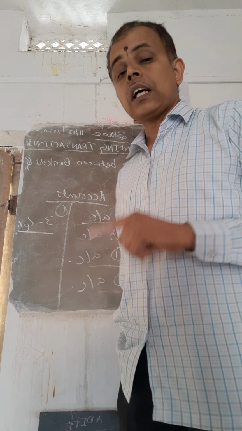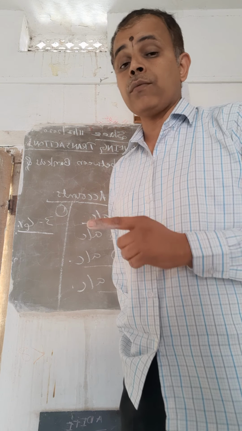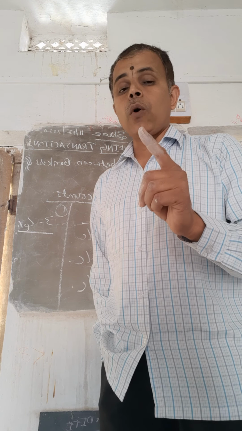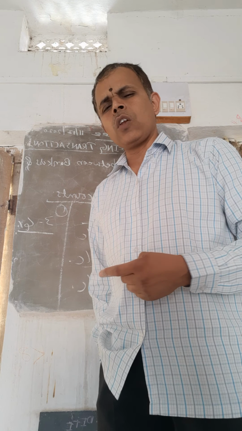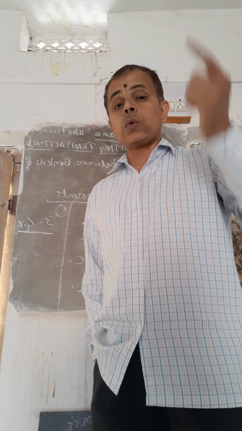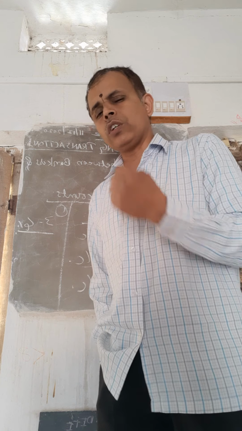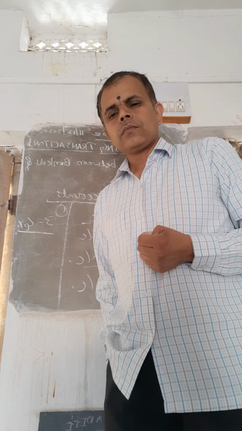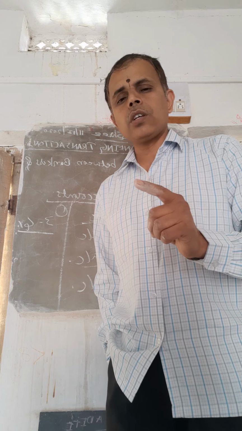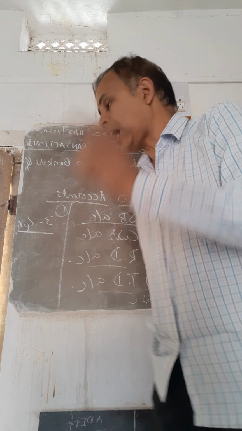Whereas in the current account, for the business person, every day there are a lot of deposits as well as withdrawals. At that moment what should I do? For that person, the best option is a current account.